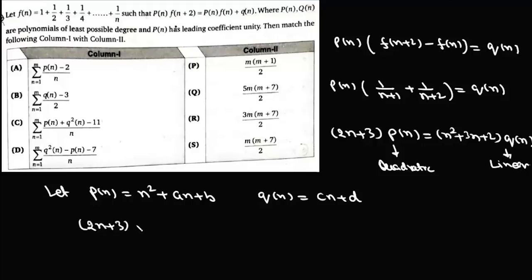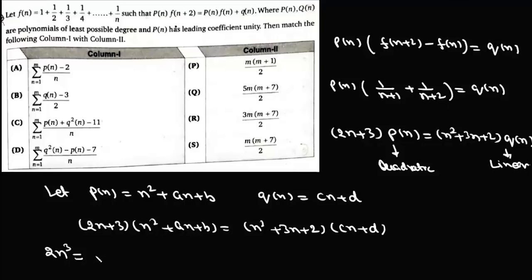Now we put the value of Pn and Qn, we can write 2n plus 3 into n square plus an plus b is equal to n square plus 3n plus 2 into Cn plus d. Now we compare the coefficient of n cube, we'll get 2n cube equals Cn cube. That means the value of C is 2.